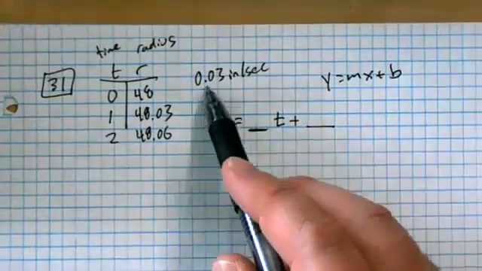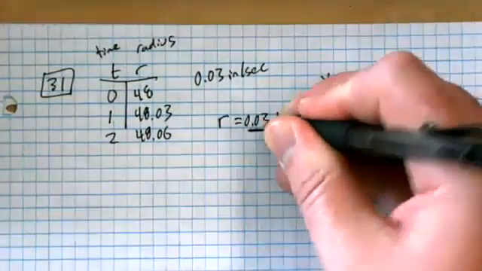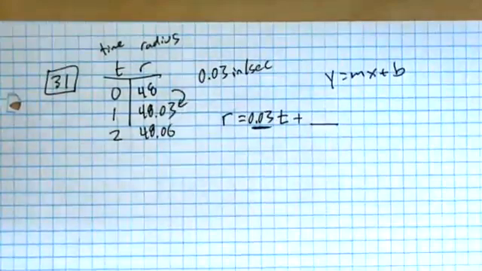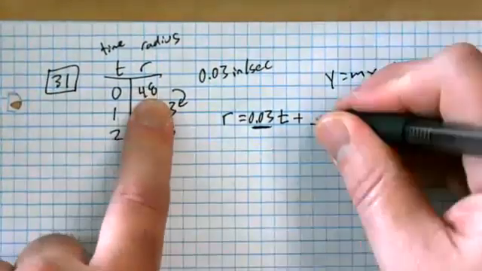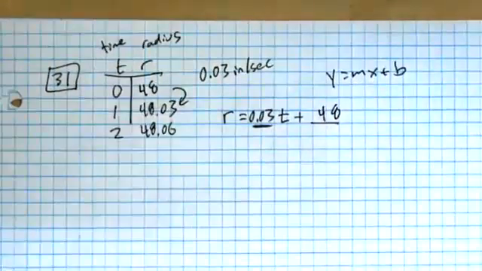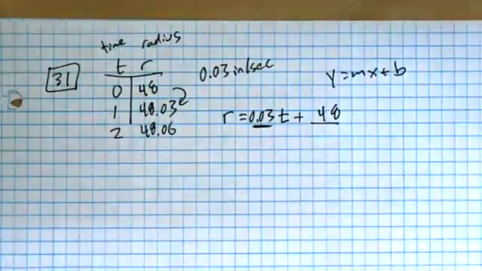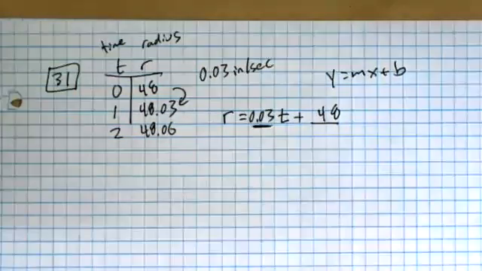The rate, the slope, would be 0.03 because that's what I'm changing by each time. And the initial value would be 48. This would be my equation for r and t. Okay, that's my assumption that you can do that in your sleep at this point. If that's not true, go back and review it. We okay on r?